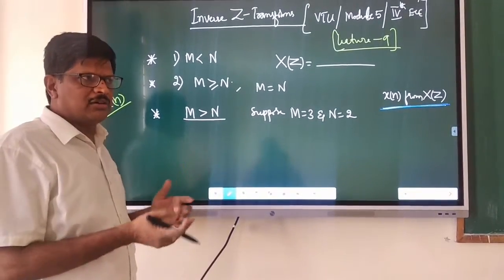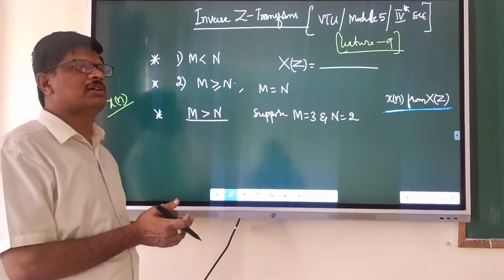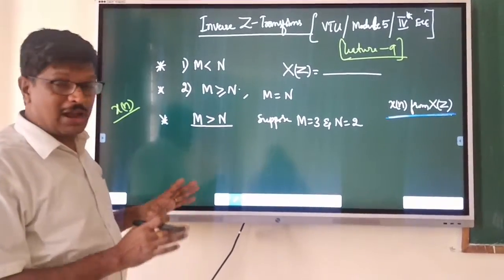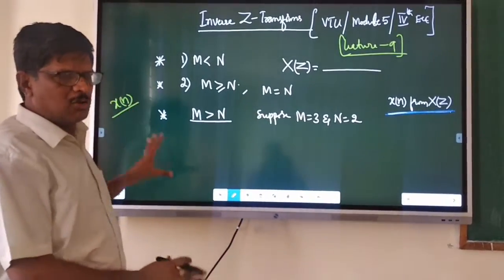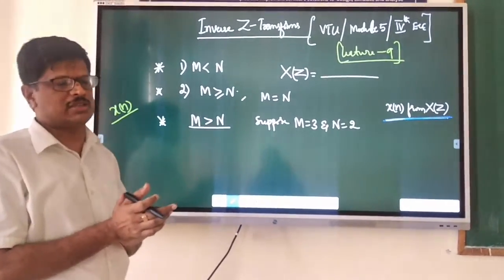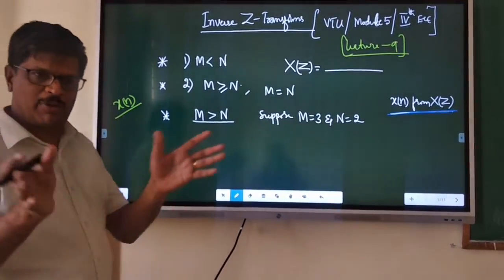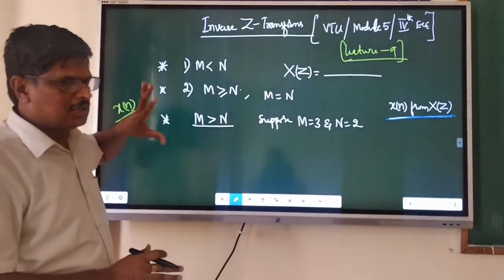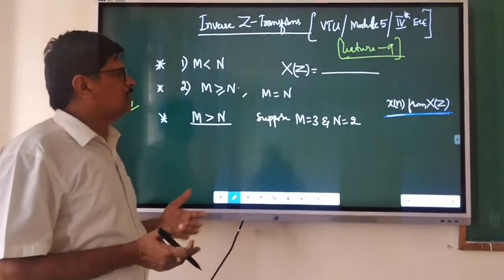We solved simple and complex sequence problems, plotted poles and zeros in the Z domain, and studied ROC, the region of convergence. Later we studied 7 to 8 properties, and using those properties we solved transforms in a faster way.